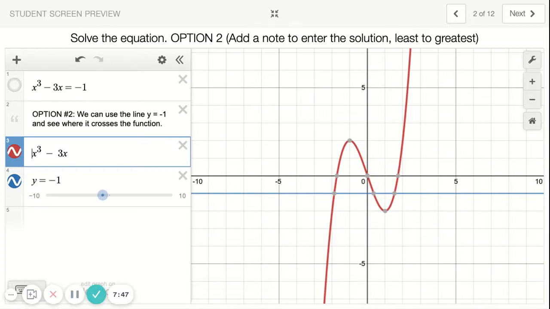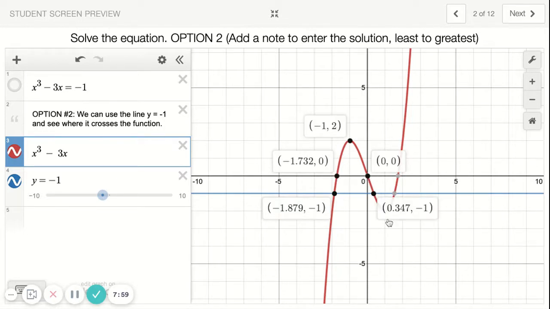So we look to the intersection of the two graphs. Again, Desmos is going to try to be very helpful. It's going to give you all of these points. So we got 1, 2, 3, 4, 5, 6, 7, 8. We got 8 different points here. They're all over the place.